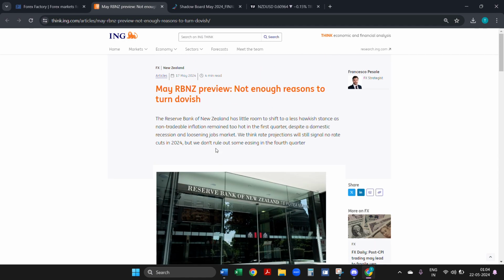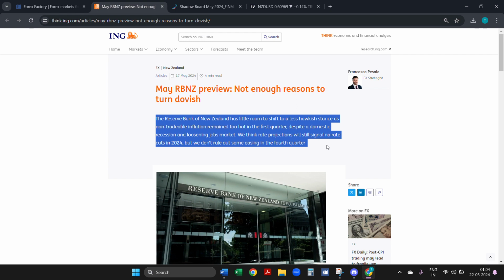If you look at the bank forecast, the overall sentiment on the New Zealand dollar, as you can see, read here, the May Reserve Bank of New Zealand preview: not enough reason to turn dovish. So the Central Bank of New Zealand is still quite hawkish on the economy.